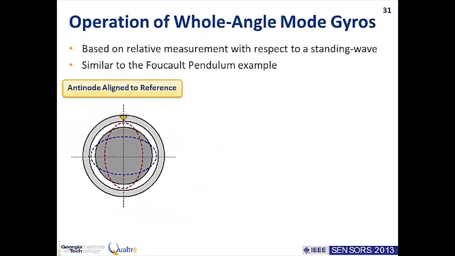So the way whole angle mode gyros operate is very similar to what we saw for the Foucault pendulum. If we have, for example, a shell-type structure that is resonating in its first elliptical mode or its n=2 mode, and we rotate this structure by 90 degrees.